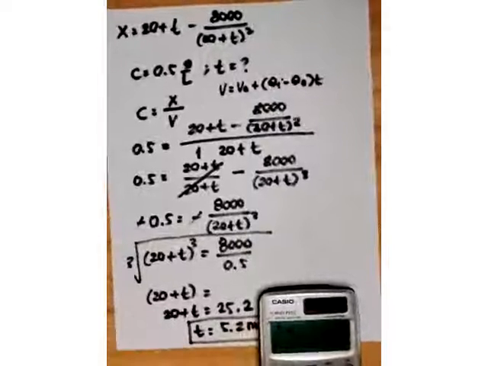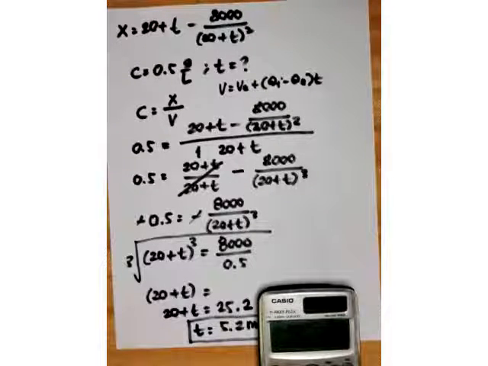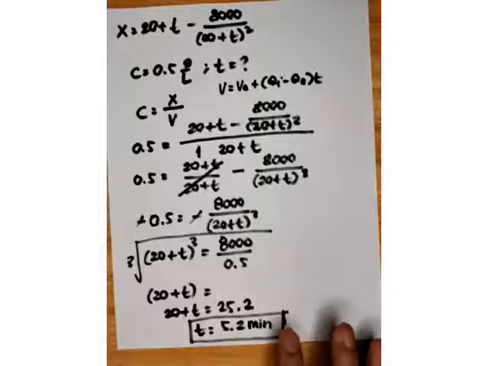Shift solve ko lang. Okay, it's 5.2. Yeah, 5.2. 5.1984. So approximately that's 5.2 minutes. Ayan.